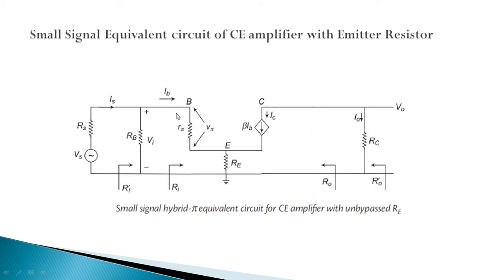Next we have to find Ri. Ri is nothing but the voltage Vi divided by Ib, so Ri will be equal to Vi divided by Ib. Now to find this, we apply KVL to this loop. Applying KVL, Vi will be equal to Ib into R pi plus the current that flows through Re, which is IE, so IE into Re.